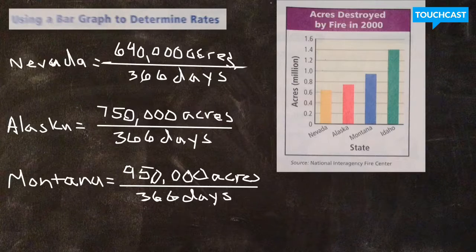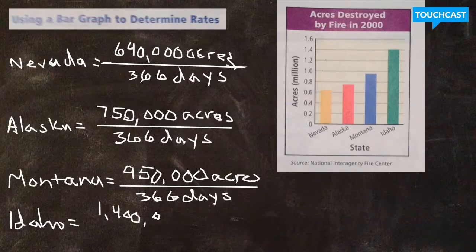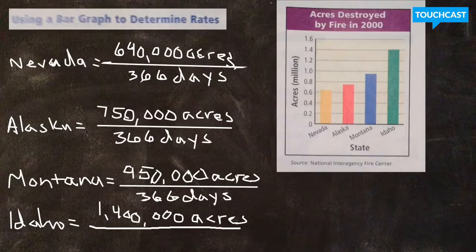And then in Idaho, there were about 1,400,000 acres destroyed in 366 days. All right, now what we're going to do is find the unit rates. So we're going to divide the top number by the bottom number.